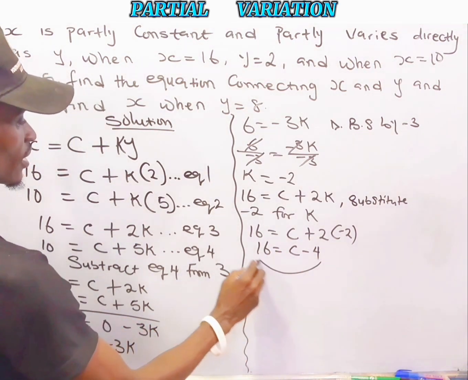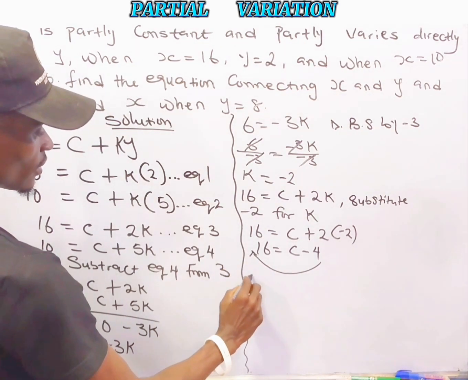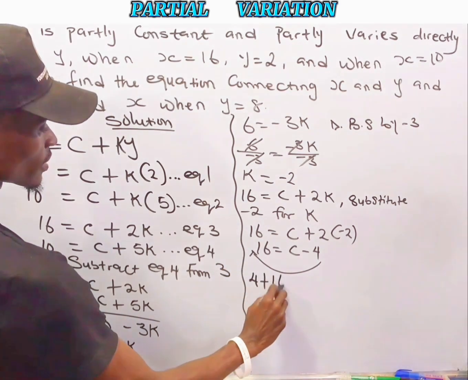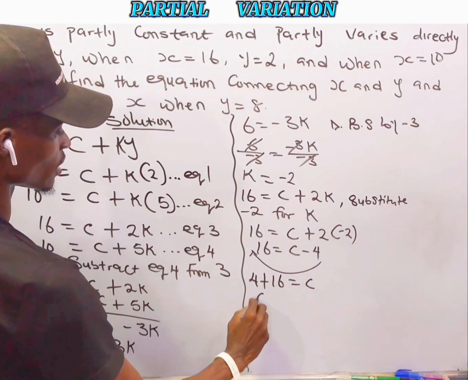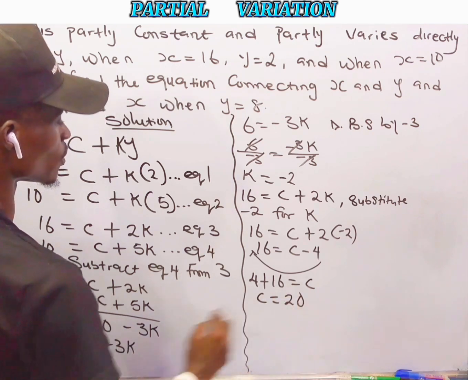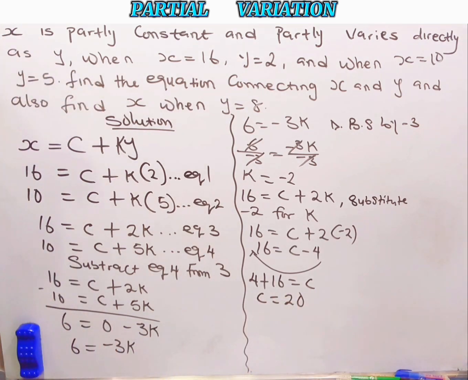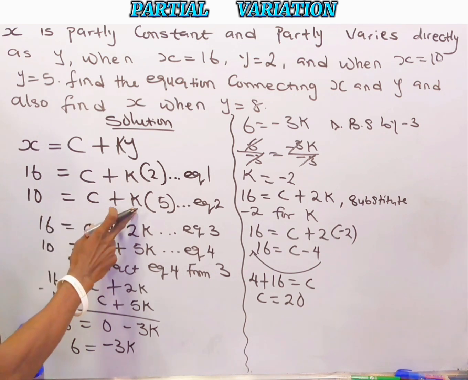Hence, moving negative 4 here, we have 4 plus 16 is equal to c. C is equal to 20. So we've gotten our value for c, and we've gotten our value for k.